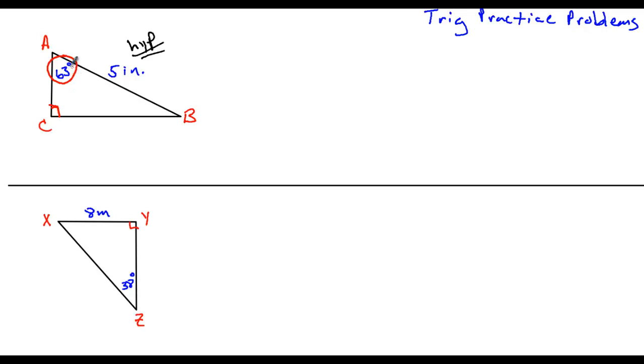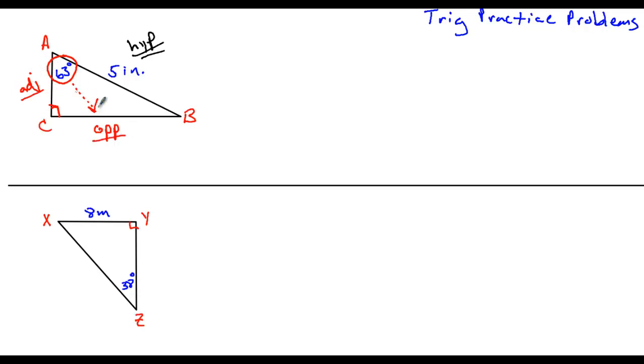So when I identify 63 degrees as the angle that I'm going to be referencing for everything, I immediately know that this side, BC, is the opposite, and I know that this side, AC, is the adjacent.